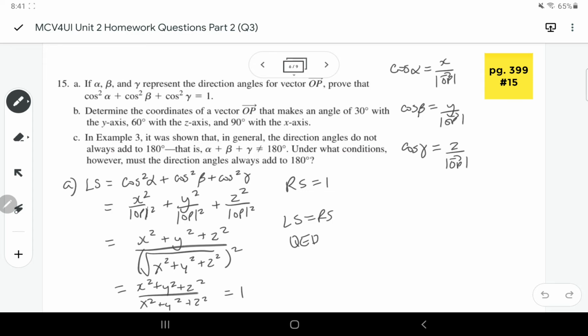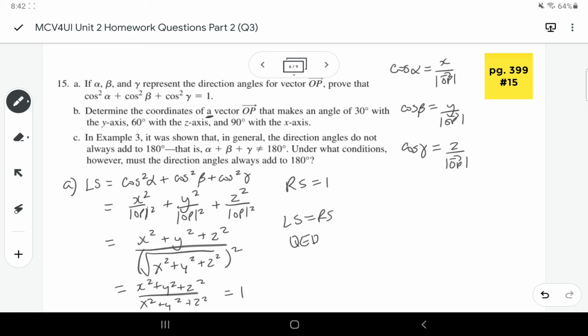So here we're looking at what are the coordinates of vector OP that make an angle of 30 degrees with the y-axis, 60 degrees with the z-axis, and 90 degrees with the x-axis. So we are not going to have a single answer here. Remember that this vector that makes these certain angles could be any magnitude, and it could be kind of any scalar multiple of it, but we're looking for a vector, so one particular vector that we could find.